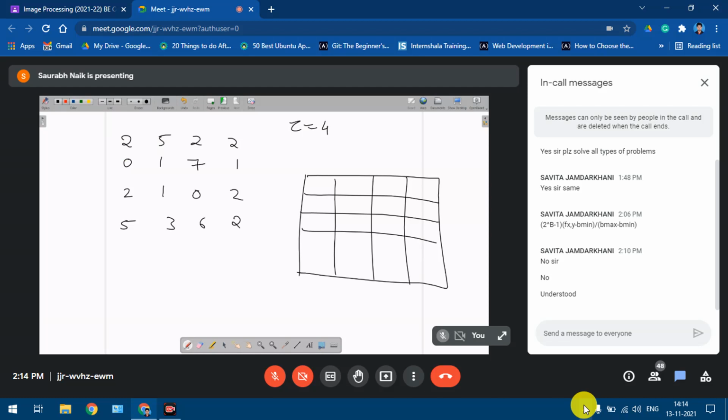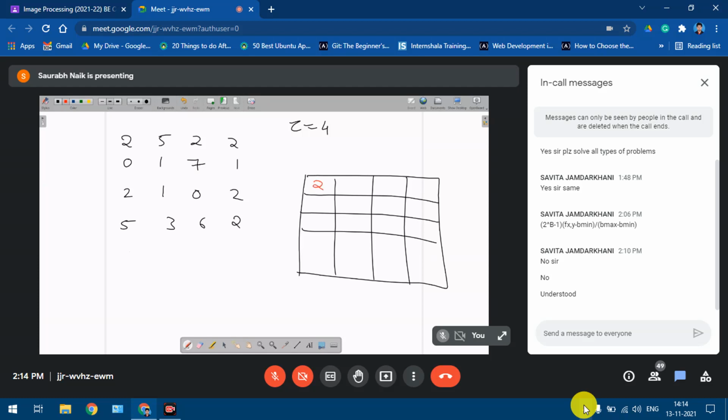The new value I've calculated is 1, and the original value is 2. If this difference is greater than the threshold tau, only then do I take the new value. In this case, the difference is less than the threshold, that is, the difference comes to 1. So I take the original value over here.